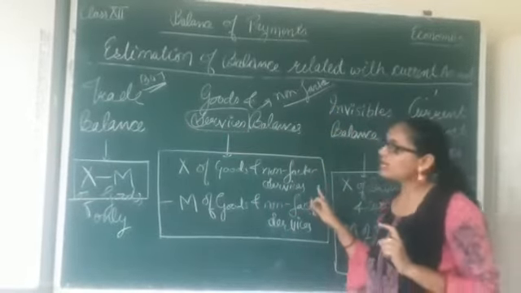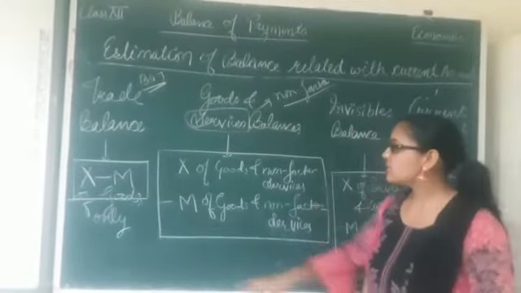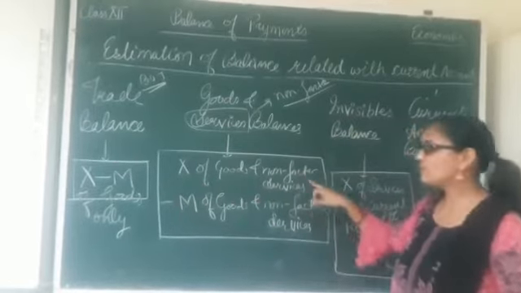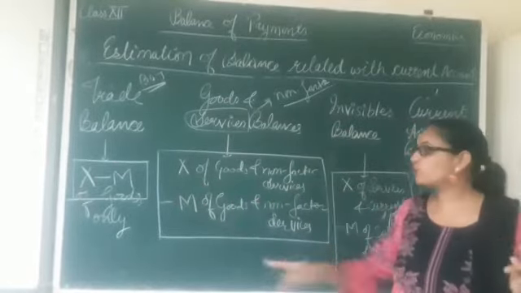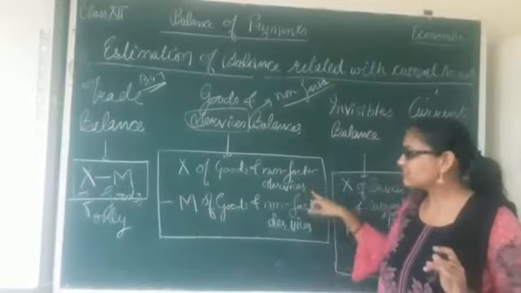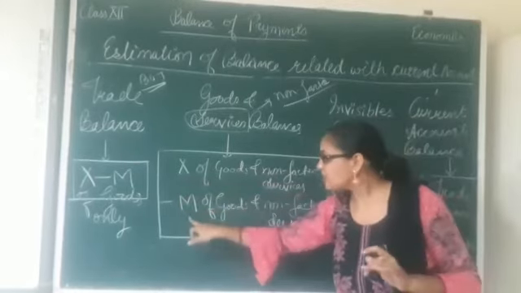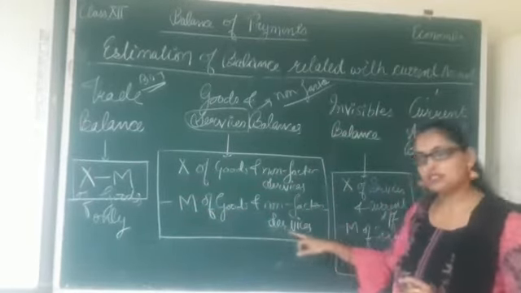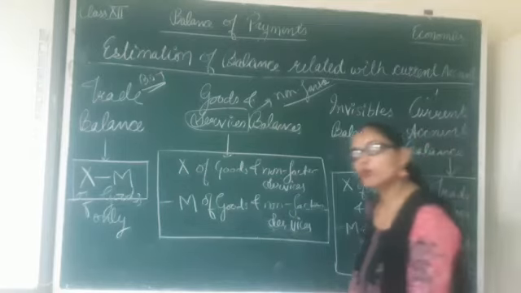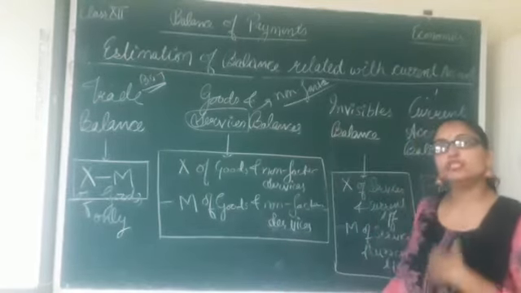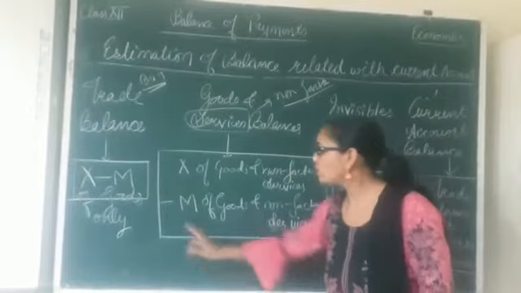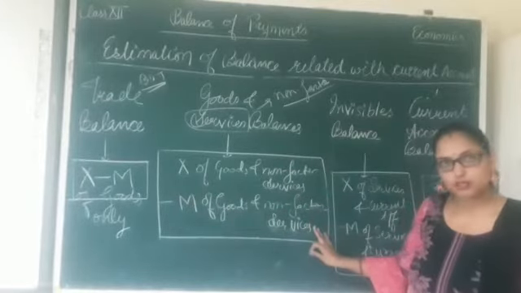Clear? So how can we calculate the goods and services balance? Export of goods and non-factor services, the total of export of goods and non-factor services, minus import of goods and non-factor services. Whatever goods or non-factor services are being imported, the payment for them is the total of import of goods and non-factor services. Clear?